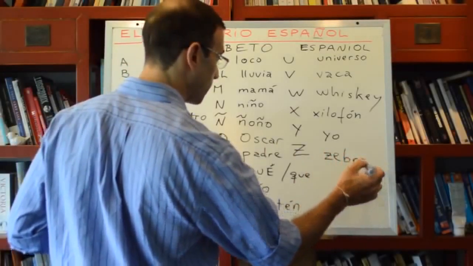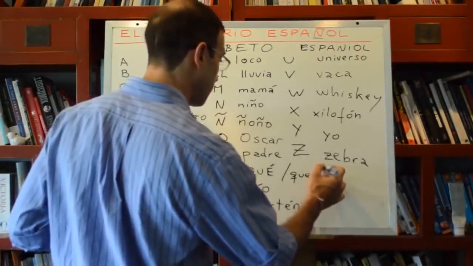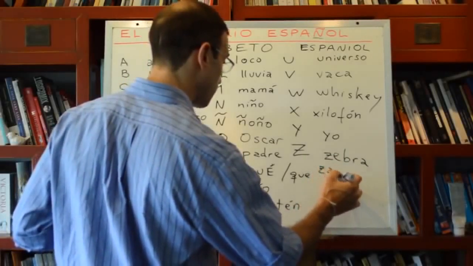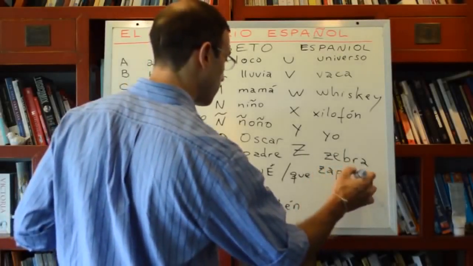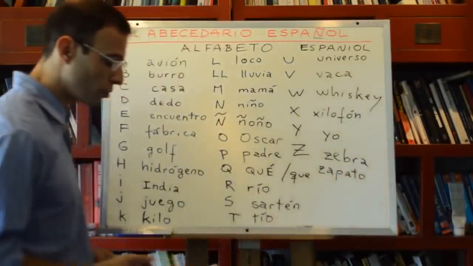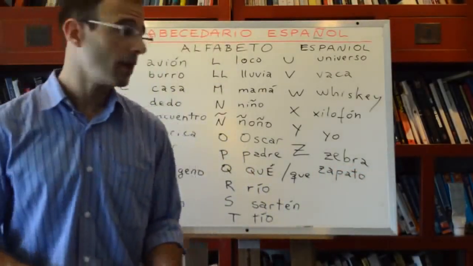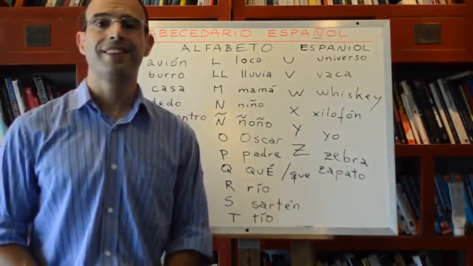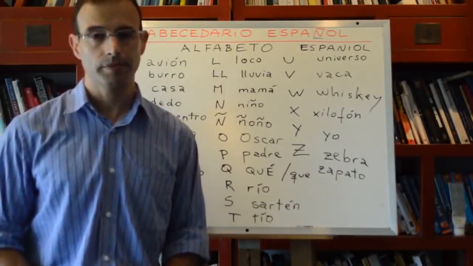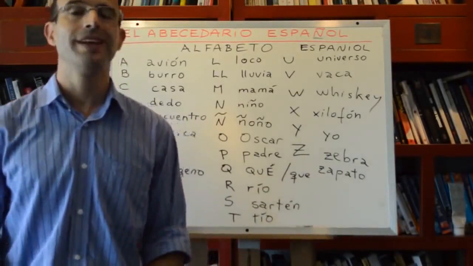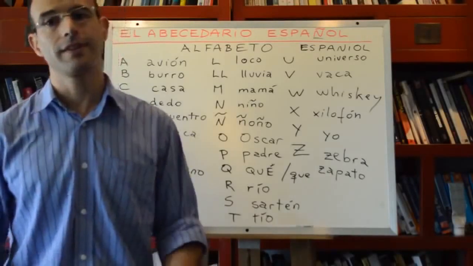But I was also thinking of zapato for shoe. In Spain, they would pronounce it with a th sound, zapato. In Latin America, it would be zapato with an s sound.